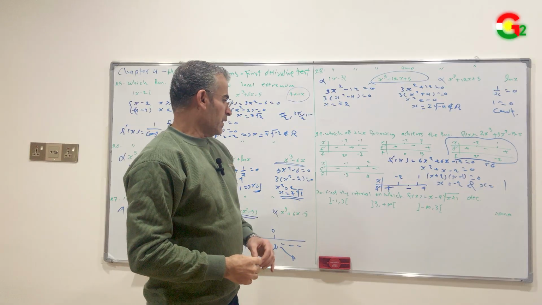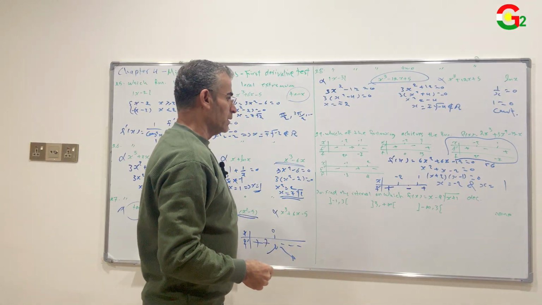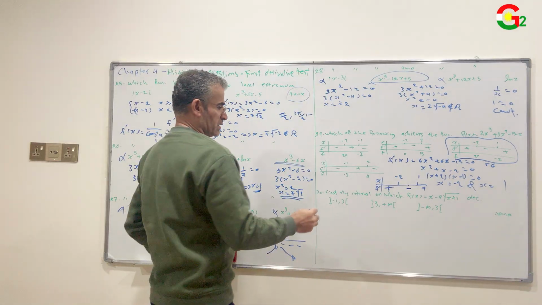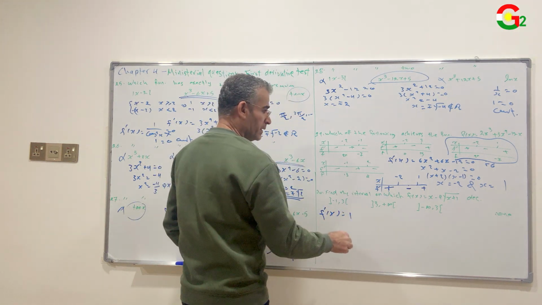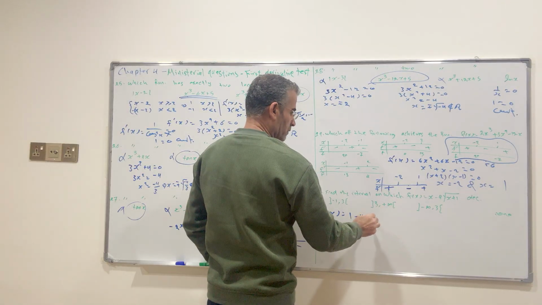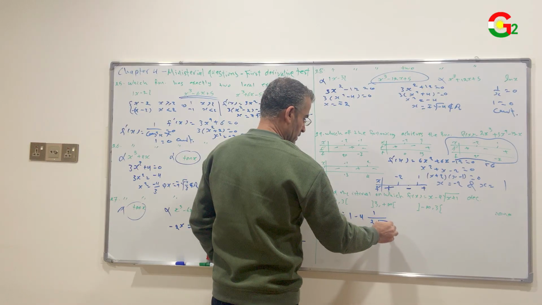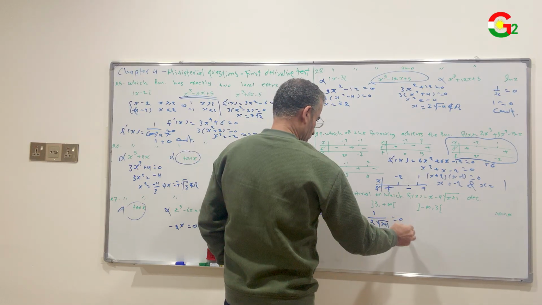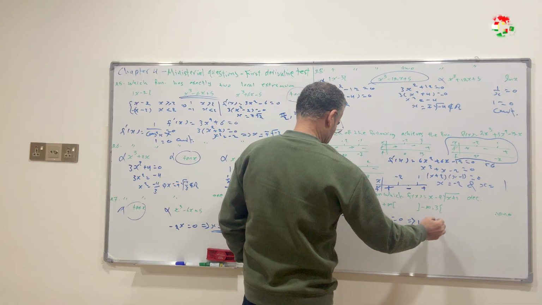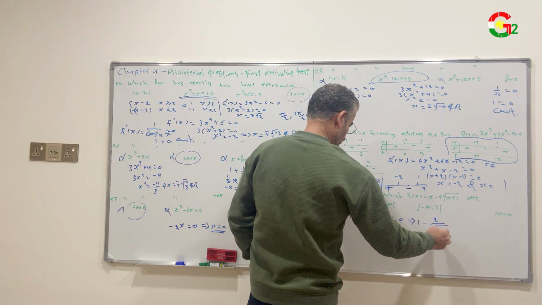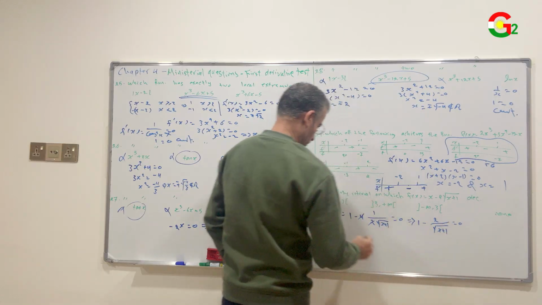Question number 30. Find the interval on which f of x is decreasing. f of x equals x minus 4 square root of x plus 1. f prime of x equals 1 minus 4 times 1 over 2 square root of x plus 1. Set it equal to 0 and simplify it. 1 minus 2 over square root of x plus 1 equals 0.